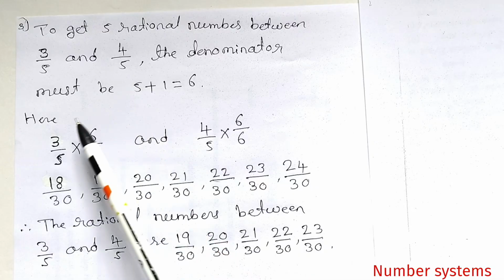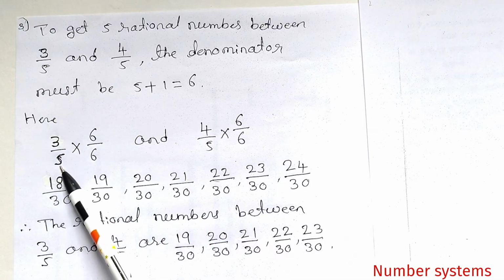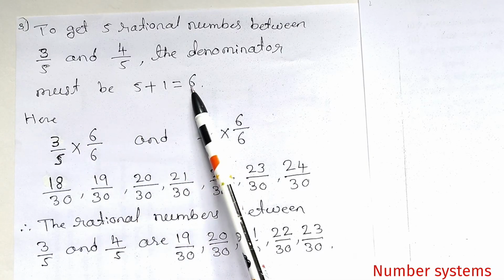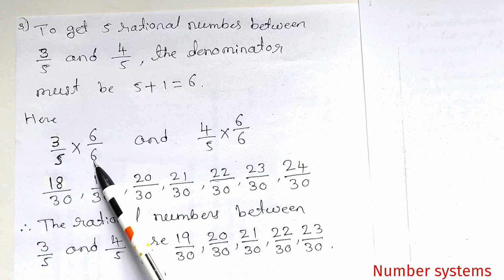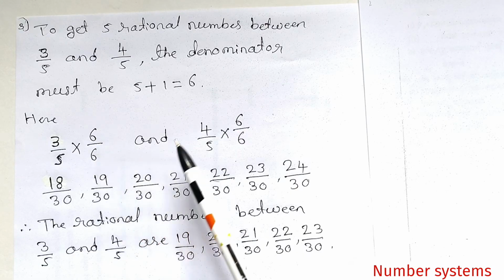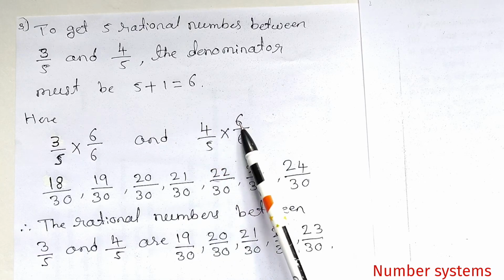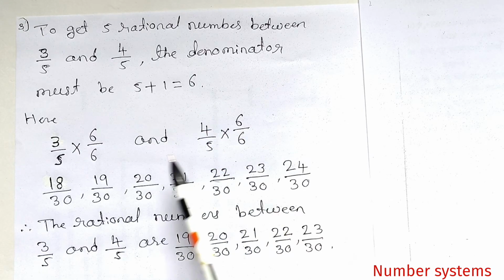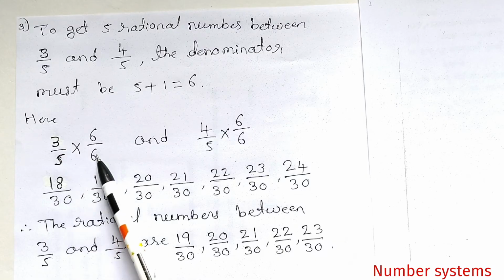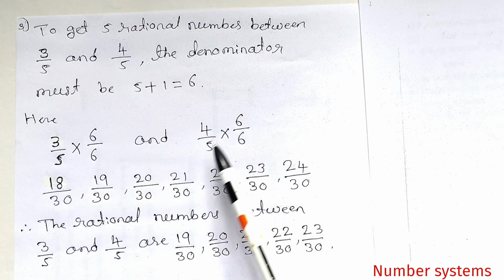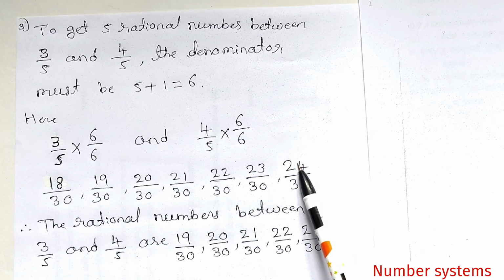I am multiplying this 6 to both numerator and denominator of 3 by 5 and 4 by 5, that is 6 by 6 for each. 6 threes are 18, 6 fives are 30, 6 fours are 24, 6 fives are 30.